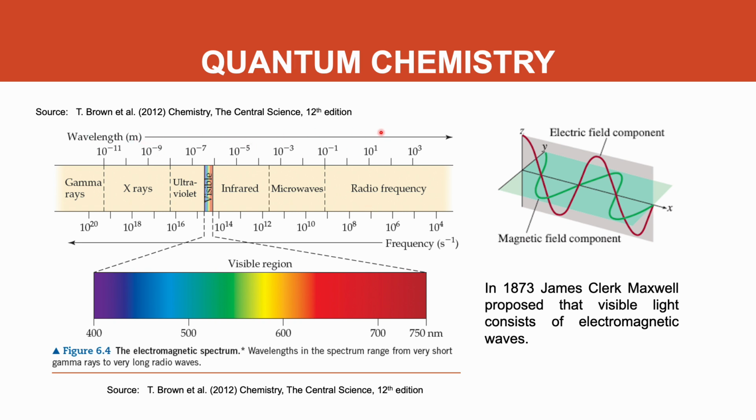As you go here, the wavelength increases, and as you proceed from here, your frequency increases. Remember that frequency and wavelength are inversely proportional, so as you increase your wavelength, you decrease the frequency. The longest wavelength here would be your radio waves, and the highest frequency would be your gamma rays.